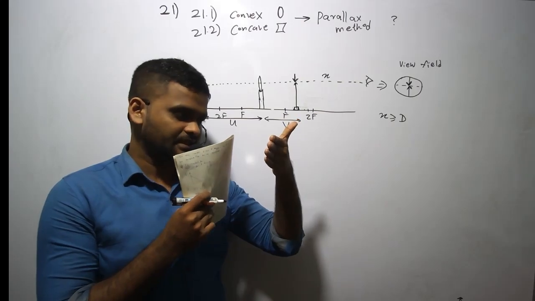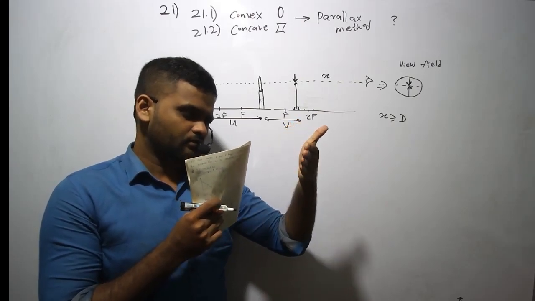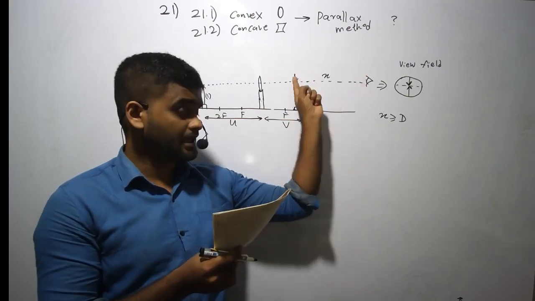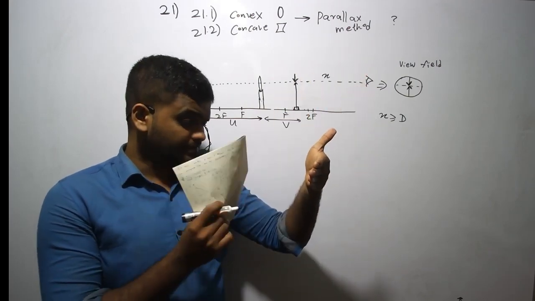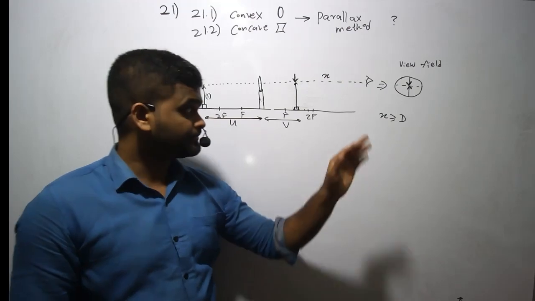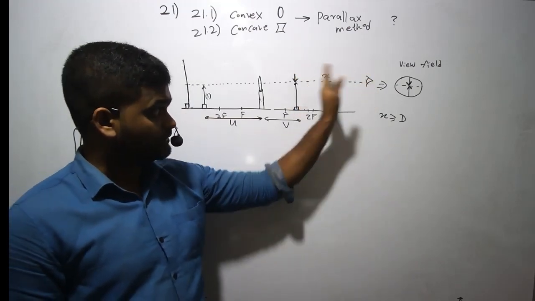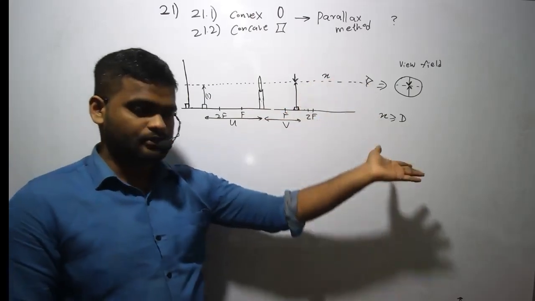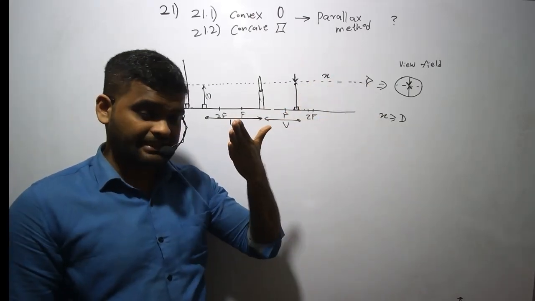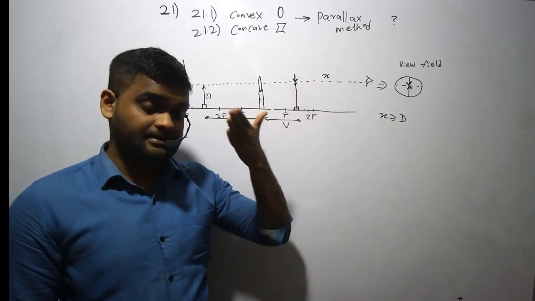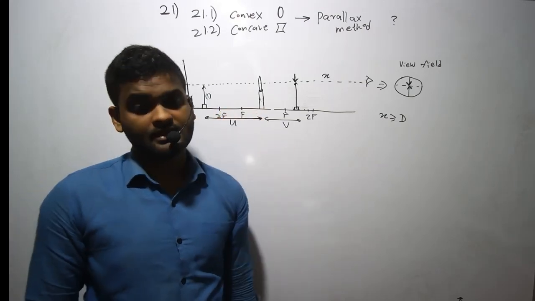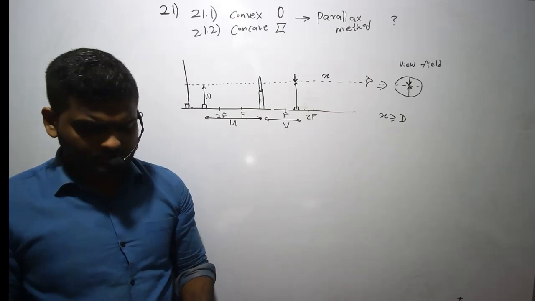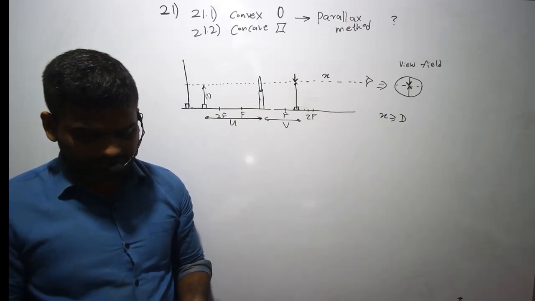To clearly see the image, you have to make sure that the image is beyond a distance of 25 centimeters from the eye, right? You have to be careful about those situations as well. But you would automatically do that, right? Because you cannot clearly see objects that are less than 25 centimeters. But if they ask a question, you should be able to say those things as well, right?